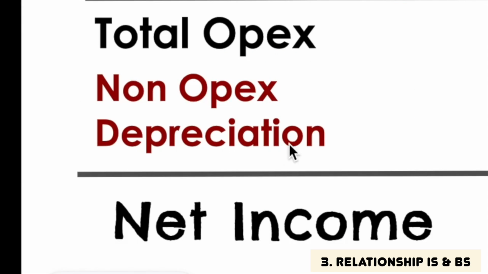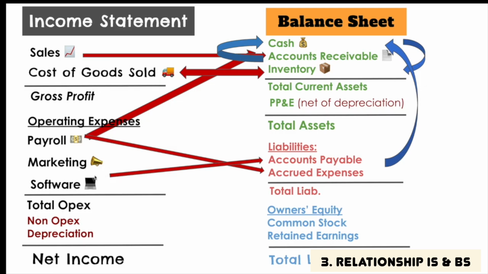So for example, here if you have depreciation, and the depreciation here most likely is a depreciation of the corporate office, right? And some of the other equipment, because the other depreciation for this manufacturing company most likely is in cost of goods sold. Say for the equipment that is making the inventory, that depreciation is going to be in cost of goods sold. But some of the depreciation will be down here, below operating expenses, for depreciation that is not for equipment related to production.